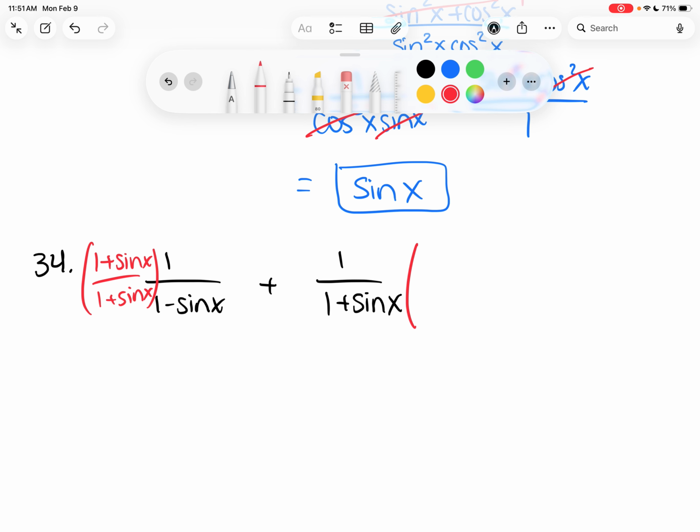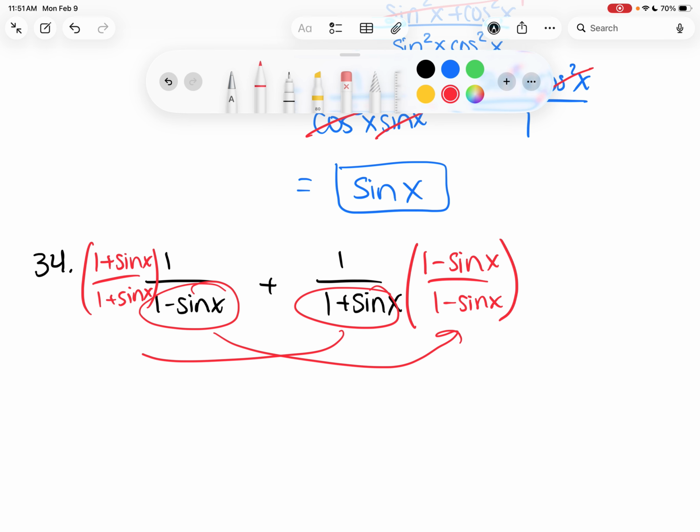On the right, I'm multiplying by 1 minus sine of x over 1 minus sine of x. Everybody tracking with why we're doing that? Would it be -1 plus sine of x? No, it's just rewriting. This one's going over here and this one's going over here.